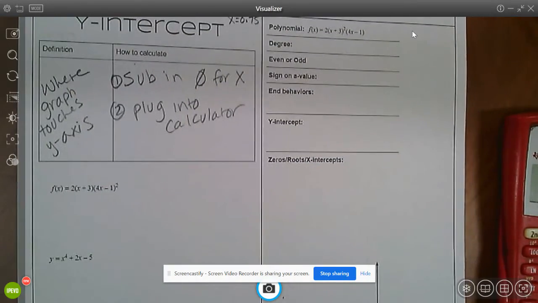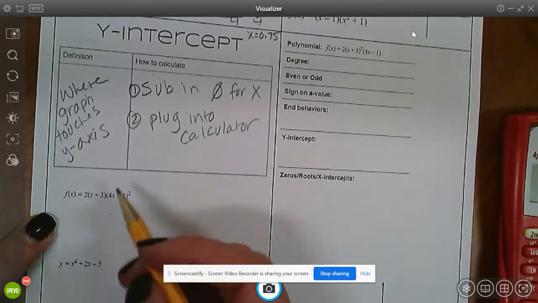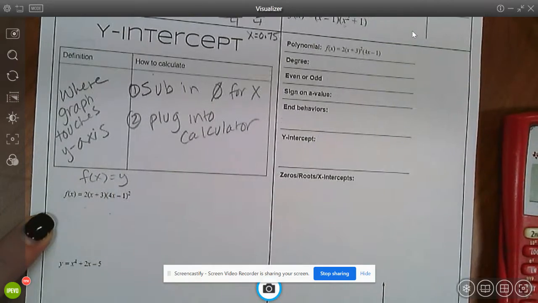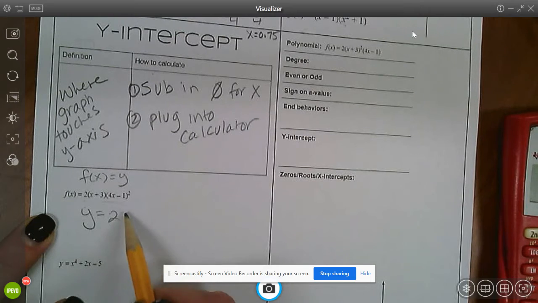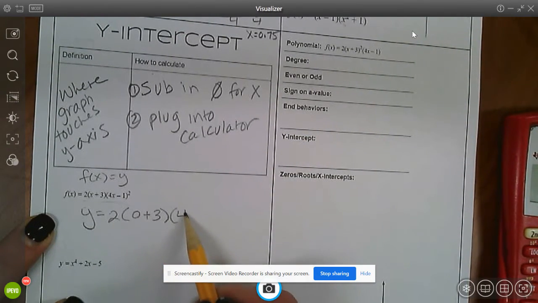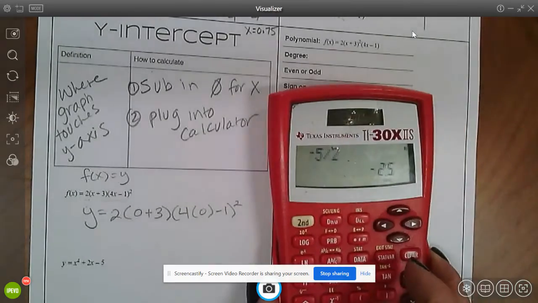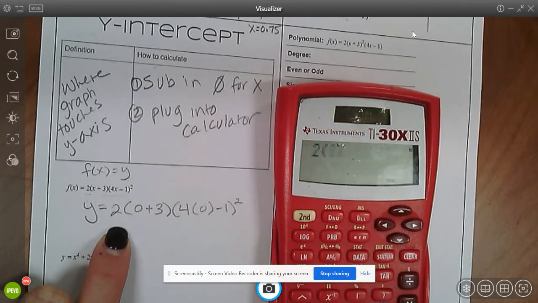So I'm actually going to write this out in the example right here. I'm going to rewrite this equation, and remember that f of x and y, they're the same thing. So I'm going to rewrite this equation, but everywhere I see an x, I'm going to sub in 0. So it is the exact same equation, but I subbed in 0, and I'm going to type it into my calculator exactly the way I wrote it on my paper.